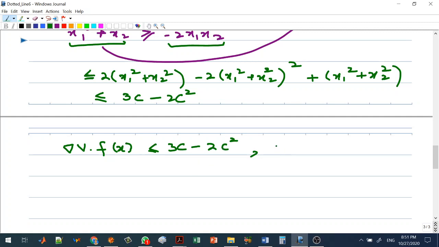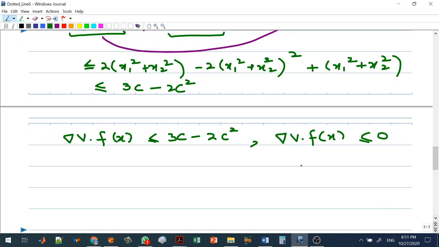And we saw that whenever gradient of V dot f of x is less than or equal to 0, then V of x equal to c is that region in which the trajectories remain inside. Or rather, we should say that V of x equal to c is the boundary of that region that traps the trajectories.